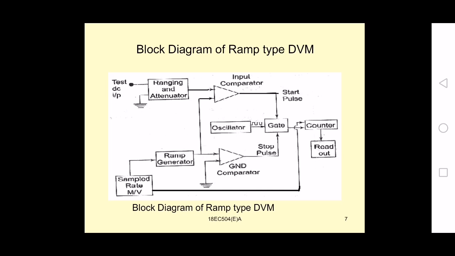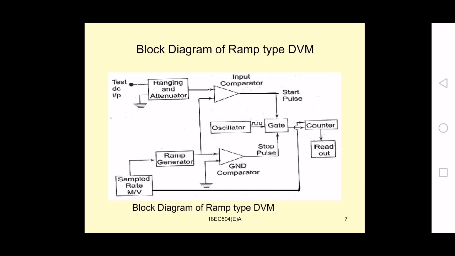The ramp generator will again generate either a positive going ramp or a negative going ramp. This ramp is continuously compared with your input signal coming from the ranging and attenuator, in the input comparator.